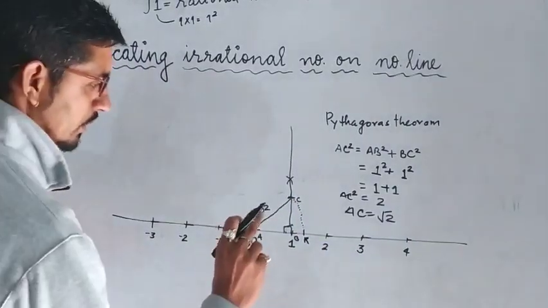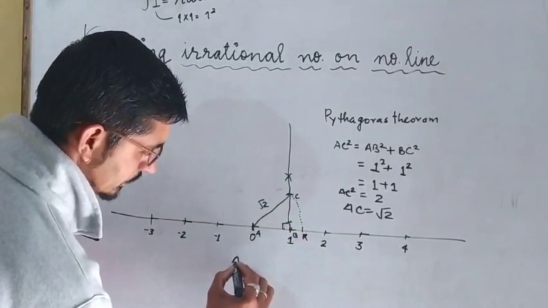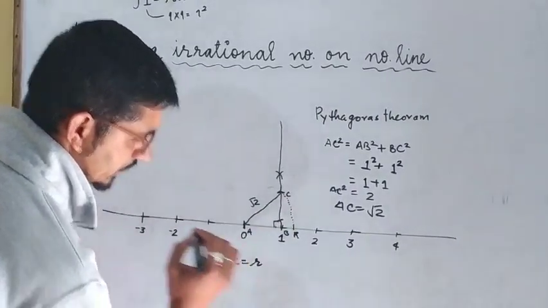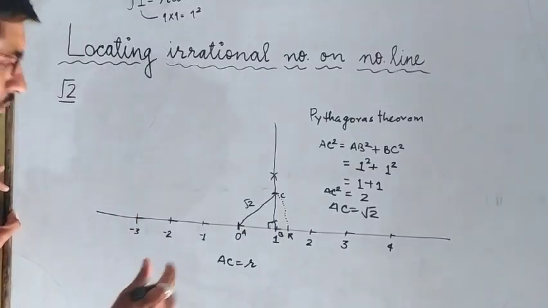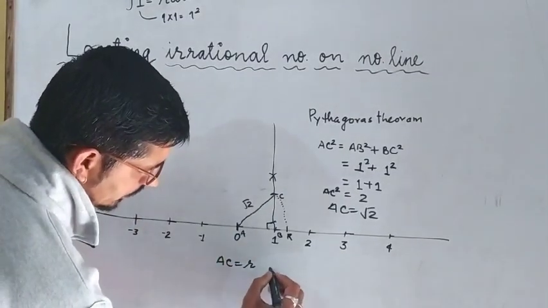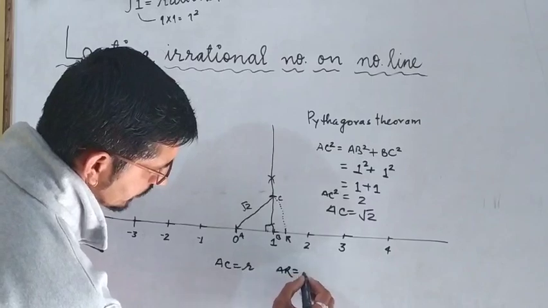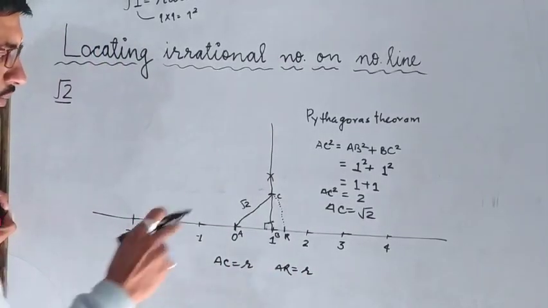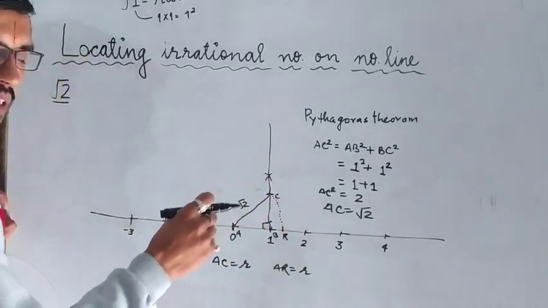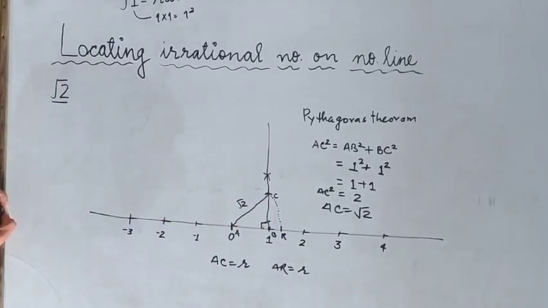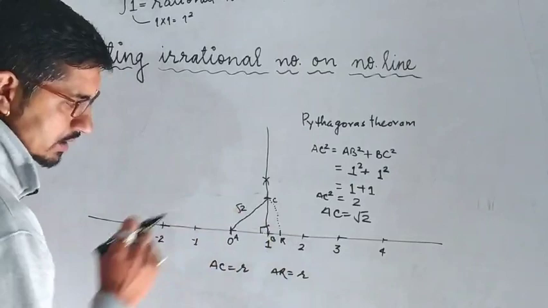Now AC is a radius of this arc, this sector you can say, and as well AR also radius. As we know कि the line starts from center and ends from circumference will be known as radius. So AR is also radius.